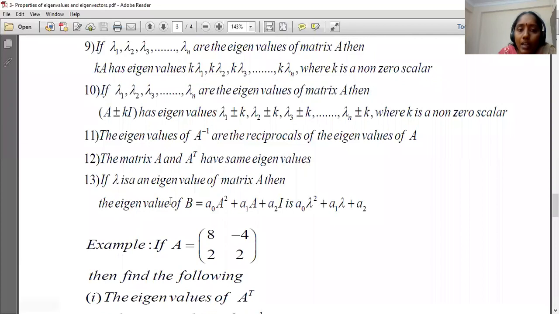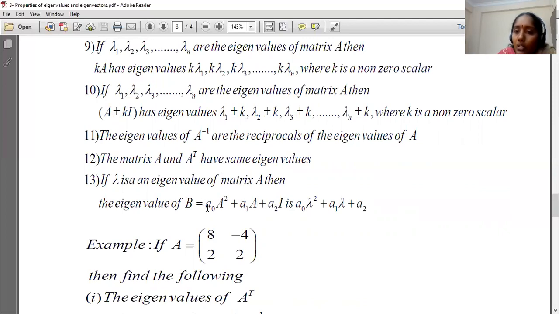If lambda is an eigenvalue of matrix A, then the eigenvalue of B, which is defined as A0 A square plus A1 A plus A2 I, is A0 lambda square plus A1 lambda plus A2. Suppose lambda is an eigenvalue of the matrix A and the matrix B is defined like this.